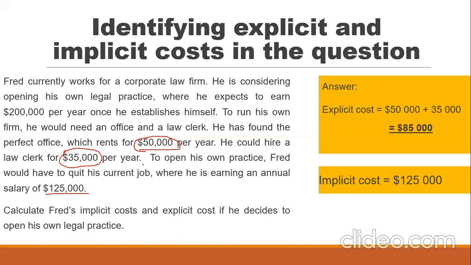So our implicit cost equals 125,000. Now in this answer it's easier for you to identify your accounting cost and your economic cost. As we said, accounting costs are the actual cost or the explicit cost. So our accounting cost will be 85,000, and our economic cost equals 85,000 plus 125,000, which is our implicit cost.